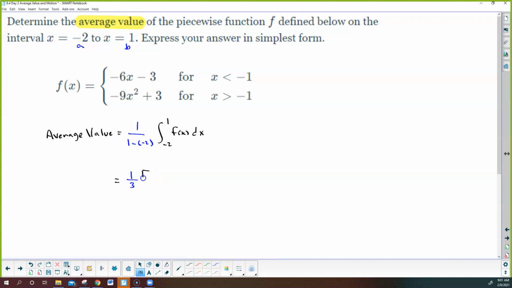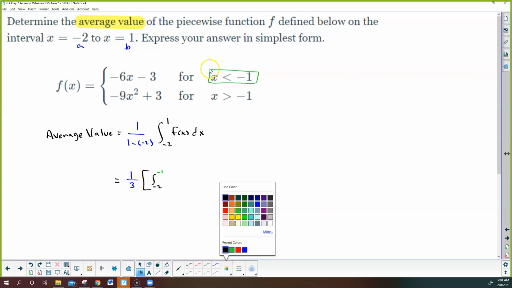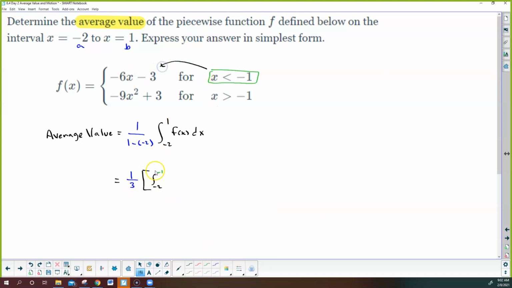And then the piece that I want to do is split up this integral. I'm going to take the area under the curve from -2 to -1, because of the domain. And because of that, I have to use f of x as -6x minus 3.